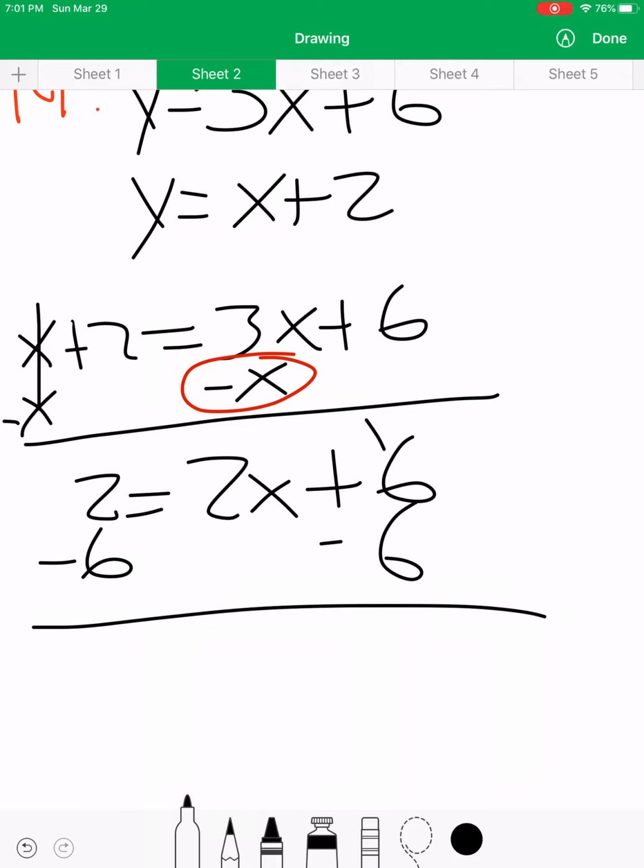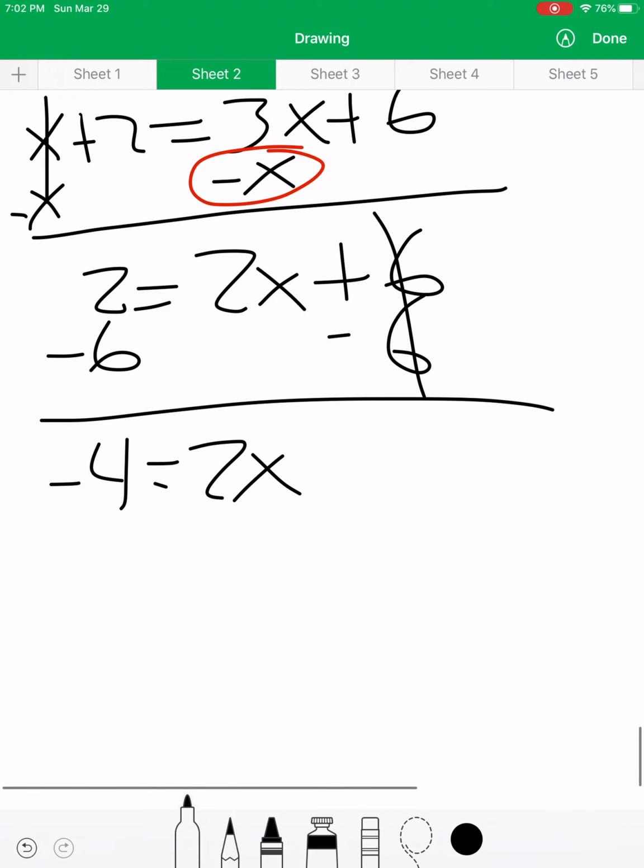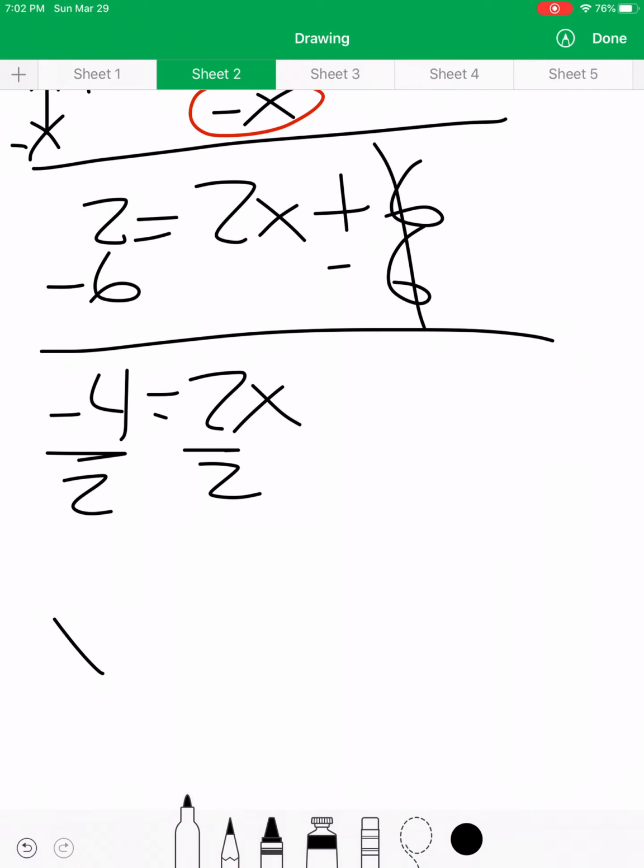Those go away. 2 minus 6, signs are different, so I subtract, take the sign of the larger integer, it gives me -4 equals 2x. I have to get x by itself, so I divide by 2. I have one negative, one is an odd amount of negatives, so I get a negative answer of -2.